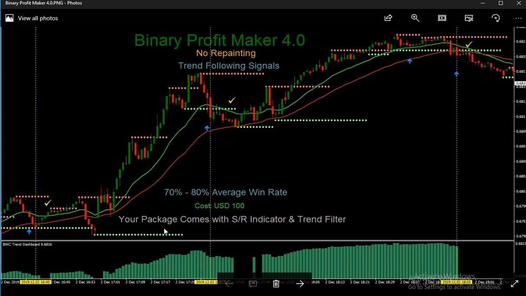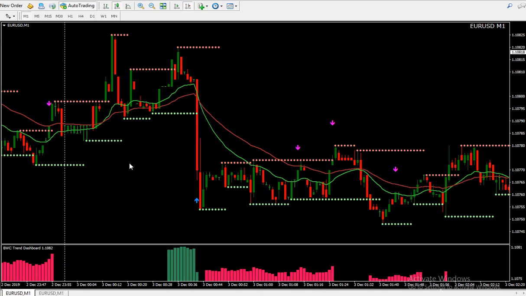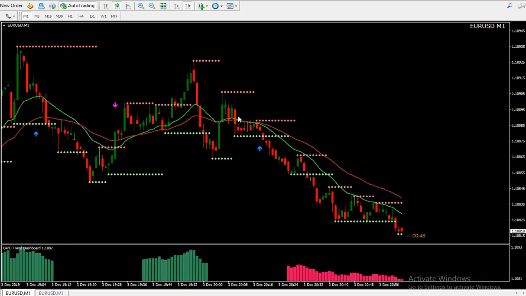Your package would come with everything, including, of course, an indicator here that gives you support and resistance levels automatically drawn for you. I recognize that traders have challenges drawing these levels, and so I've tried to fine-tune these levels so that, as compared to the past, where we had levels a bit close to one another, this version 4 has levels a little bit neater than those that were there before, so that you only trade major levels.